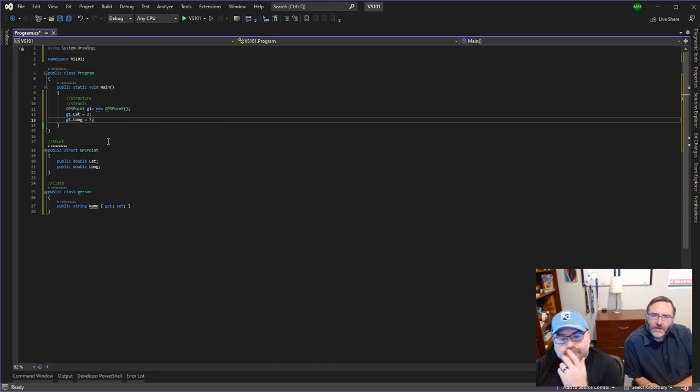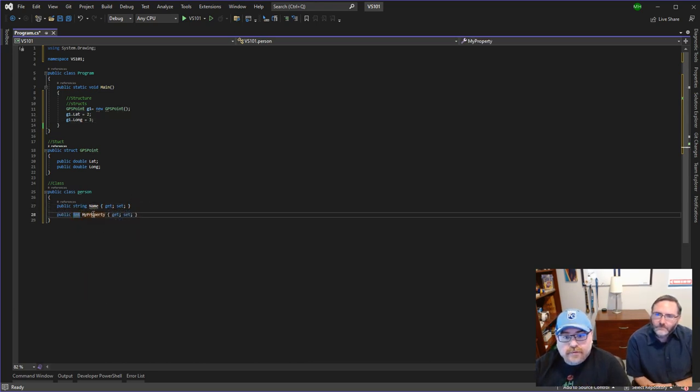I'm trying to remember my geography. That's going to be near the equator in the middle of the ocean, I think. But now we can use those properties that we've put onto that structure. Like I said, the important thing to remember is now if we pass G1 to a method or something like that, we're literally going to send a copy of G1.